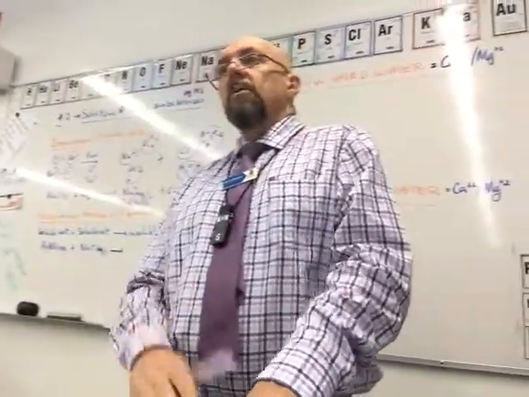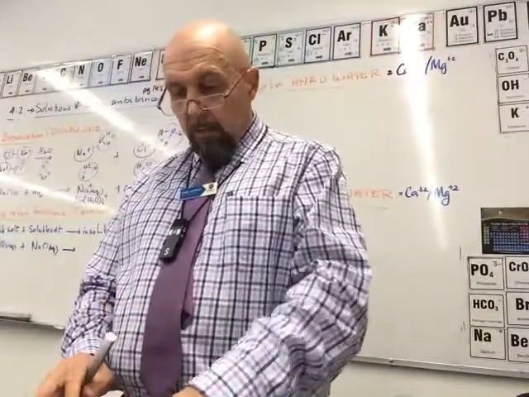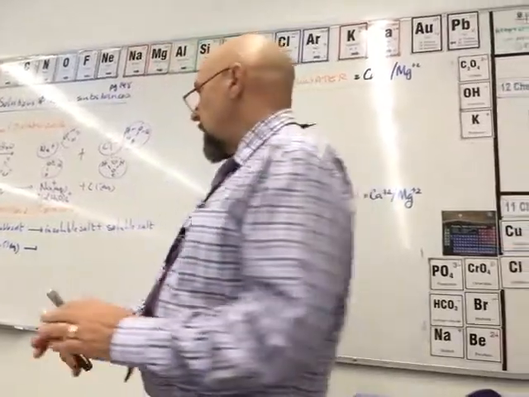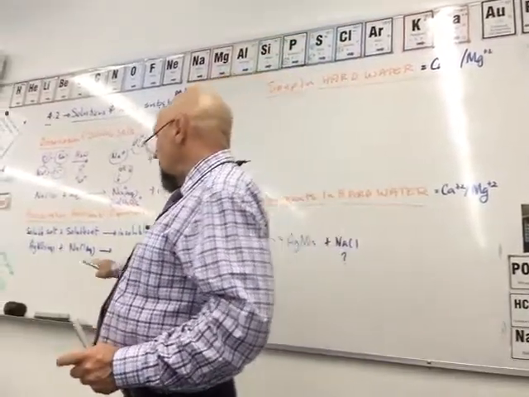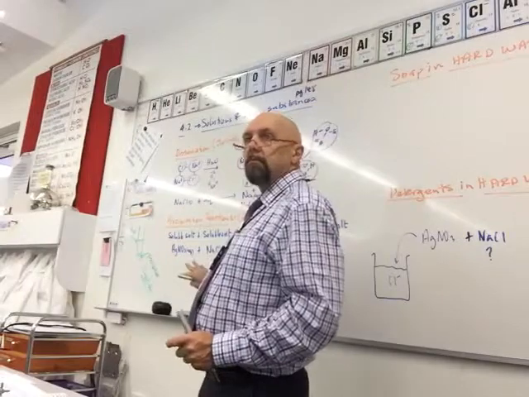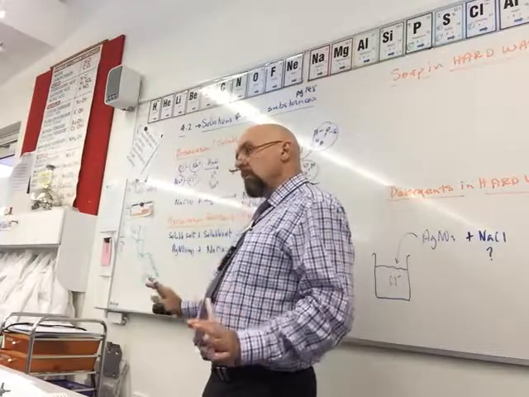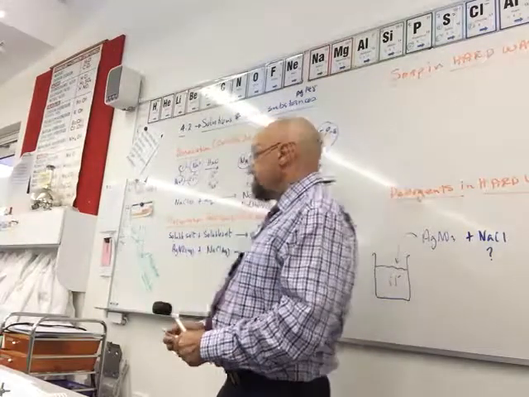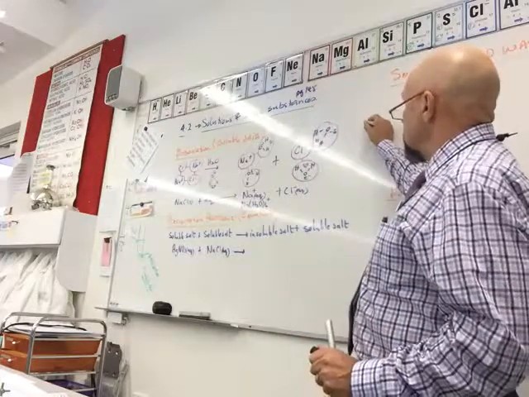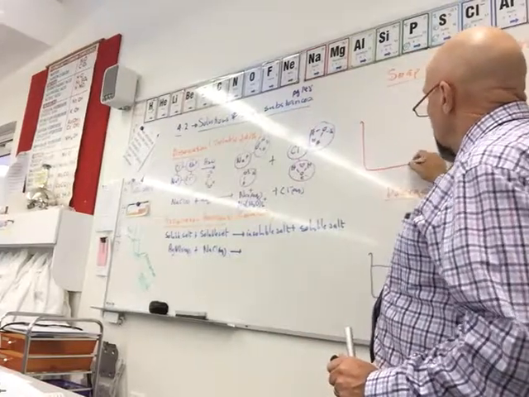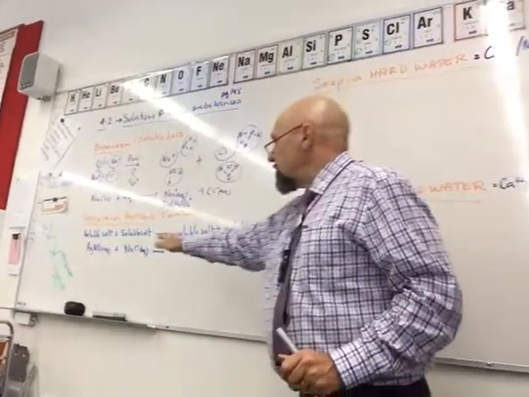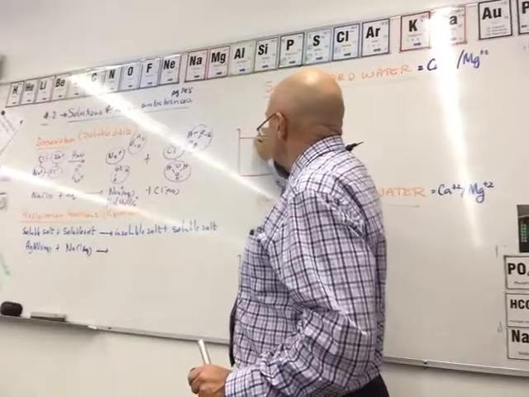Now, you have to then go back to your solubility table and think of what you've actually got in this solution. So if I've got two soluble salts in a solution, we've actually got this.